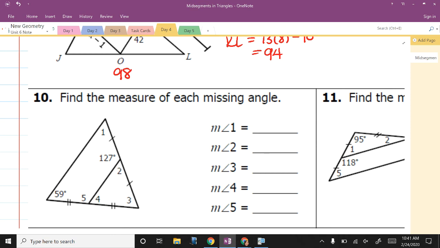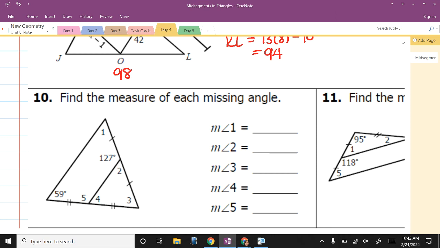Parallel lines. If they're parallel lines, we have all kinds of angle relationships: alternate interior angles, corresponding angles, consecutive interior angles. And there are some linear pairs in there too.